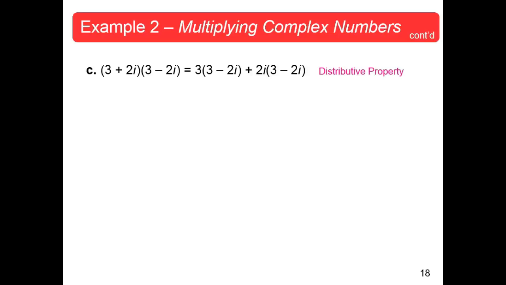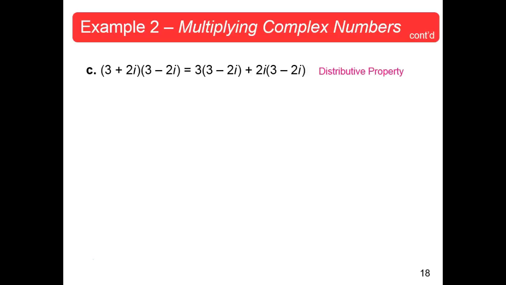See if we can do it that way here. First term? 9. Let's do the last next. What do you get? Do the last. Second? -4i squared, which is plus 4.